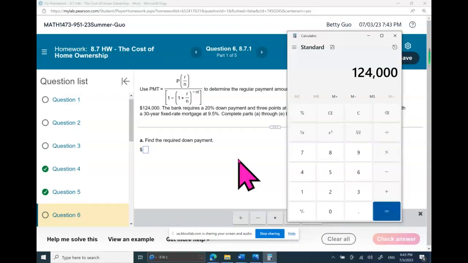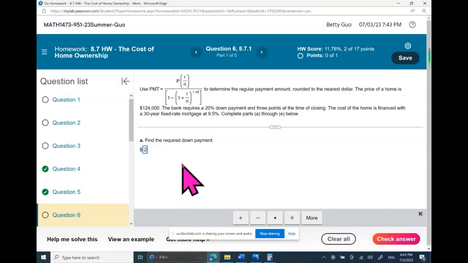How do we convert 20% to its equivalent decimal? 0.2, right? 24 grand 800. $24,800. And that's the required down payment.